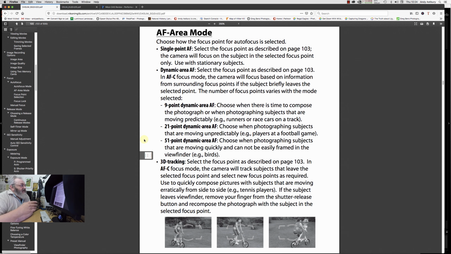But if we look at Jonathan's camera manual for AF mode, AF area mode, we can see that 9 point dynamic: choose where there is time to compose the photograph or when photographing subjects that are moving predictably, runners or race cars on a track. 21 point dynamic area AF: choose when photographing subjects that are moving unpredictably, players at a football game.